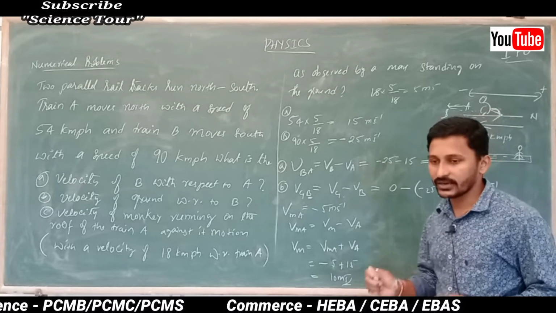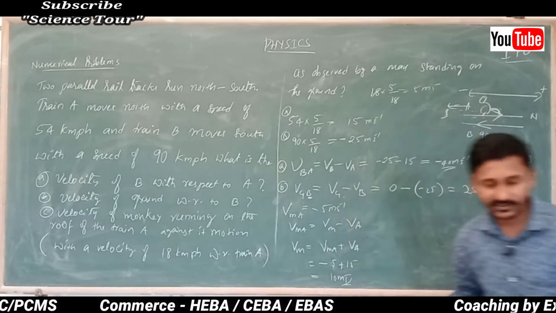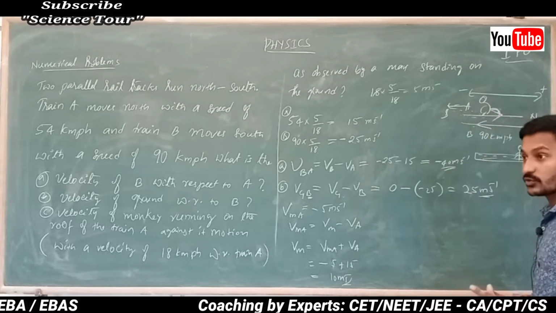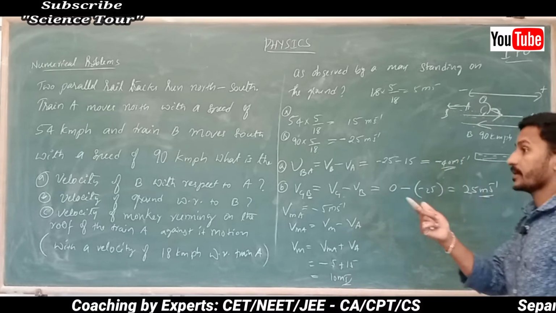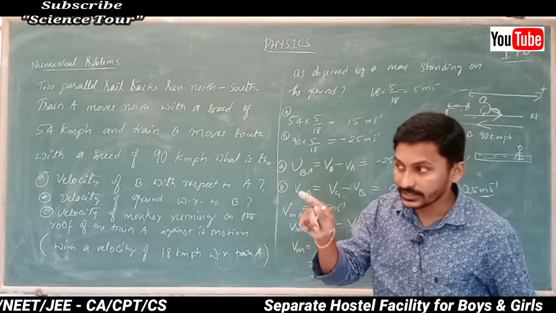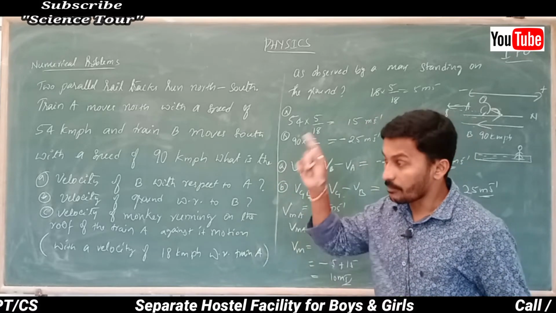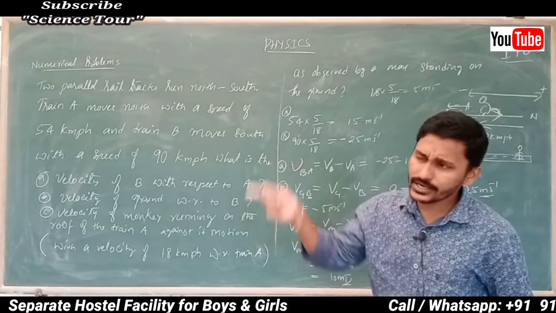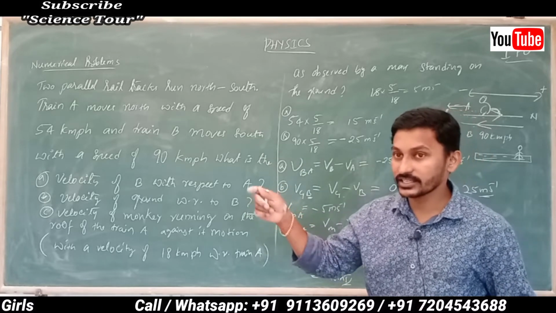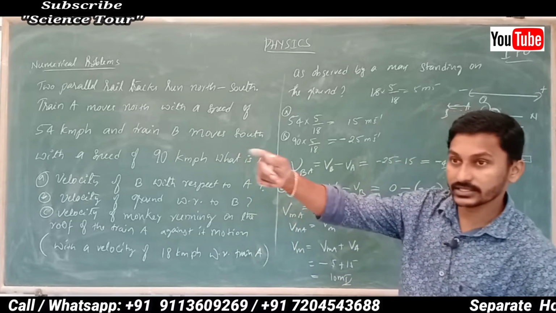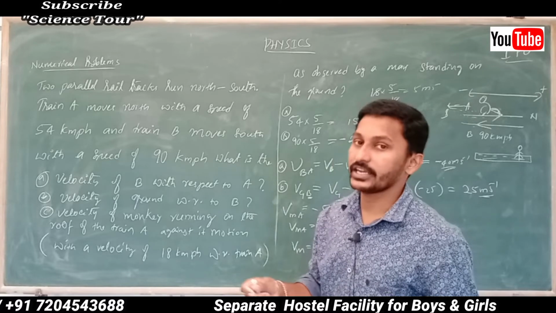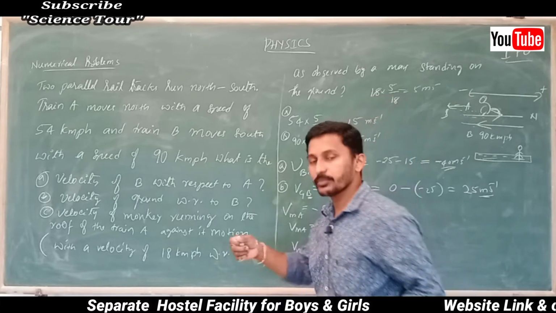If you move a little faster also, it will take the monkey backwards only. If I see that the monkey is traveling in one direction on a train and the train is moving in another direction, the monkey has to travel very fast. Only then can we make out that the monkey is traveling in the positive direction. Otherwise, however fast it goes, if the train speed is much stronger, it will pull it back only.